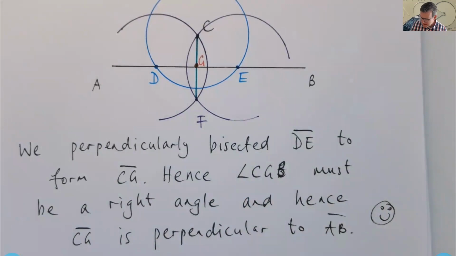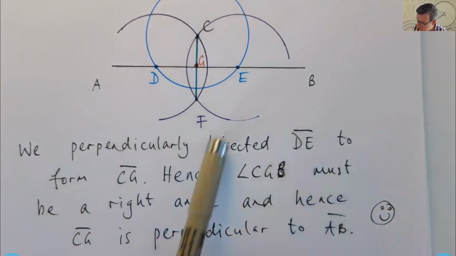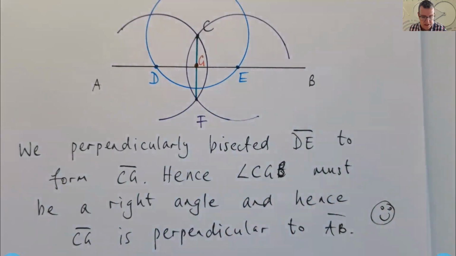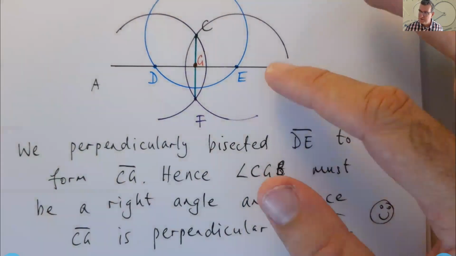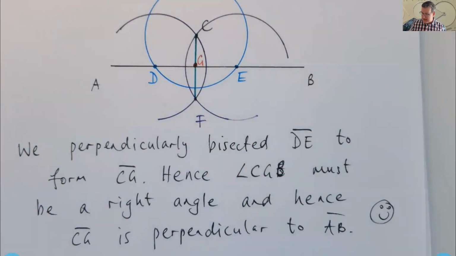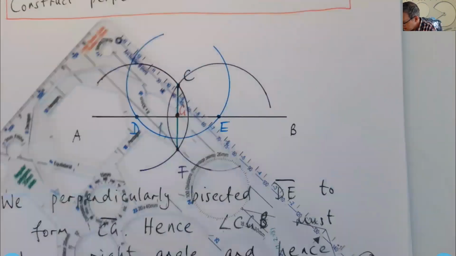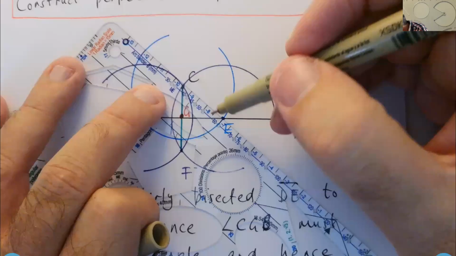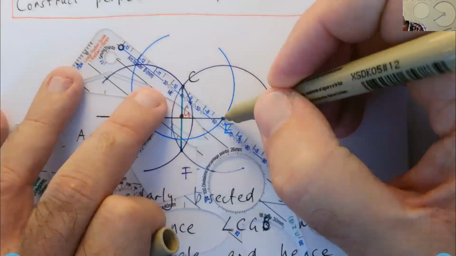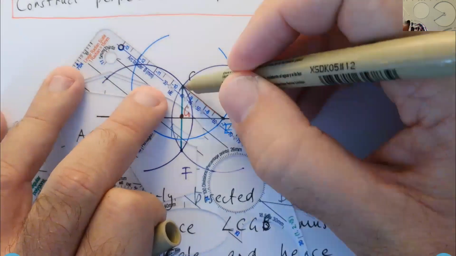Okay. Now, what happens if you didn't know about that perpendicular bisection? Can you still start with this, do the moves, and come up with some justification? Well, yeah, you can. If I draw in a couple of extra parts here, so that's a radius.